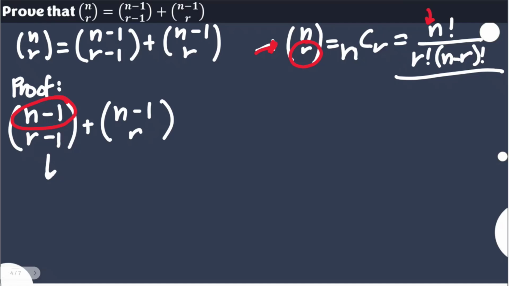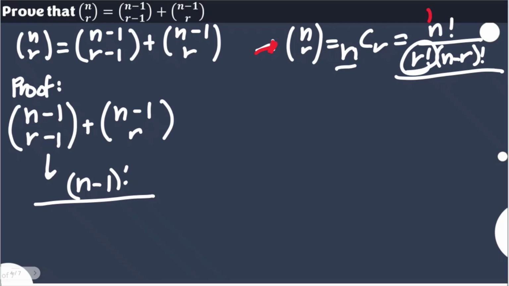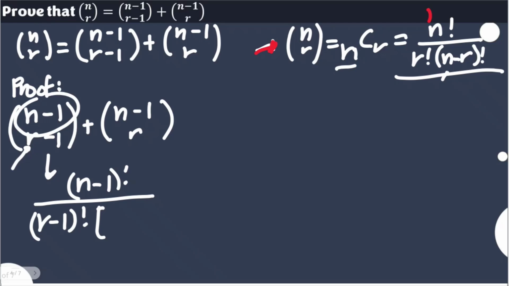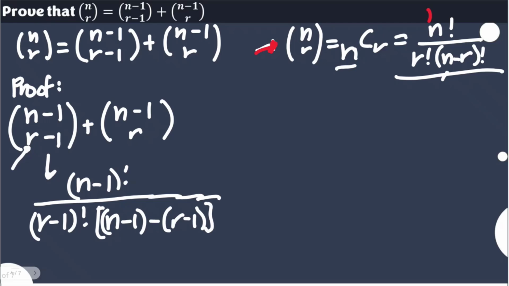Please be guided by that, because as we move here, we will have n minus 1 factorial as our numerator, all over r factorial, which is your number of elements taken, r minus 1 factorial, times n minus 1 minus r minus 1 factorial. Okay, that's for the first form.